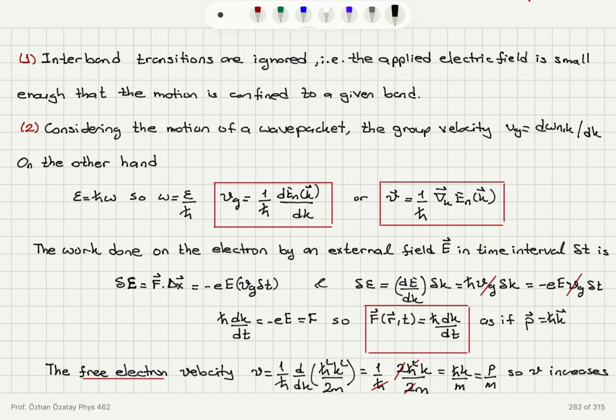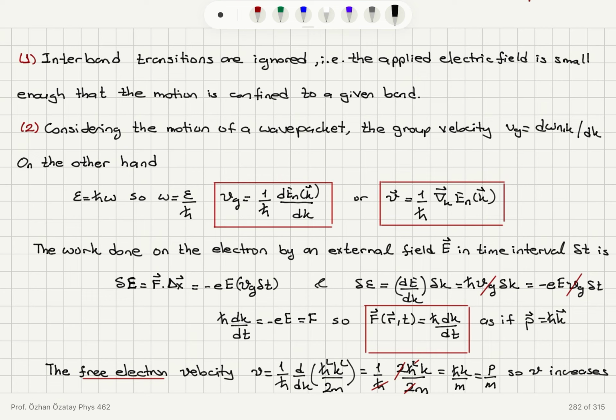And h bar times group velocity times delta k will be equal to the work done on the electron, minus eE group velocity delta t. Group velocities will cancel, and we will find that h bar dk dt is equal to minus electron charge times electric field E, which is our force F.